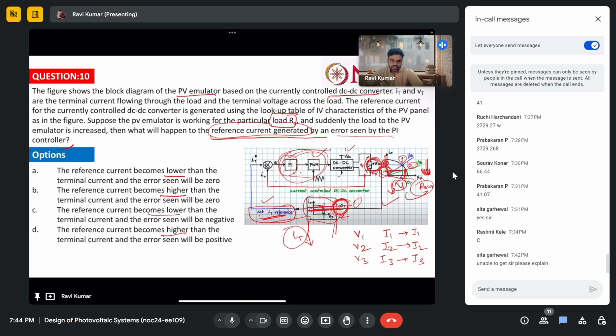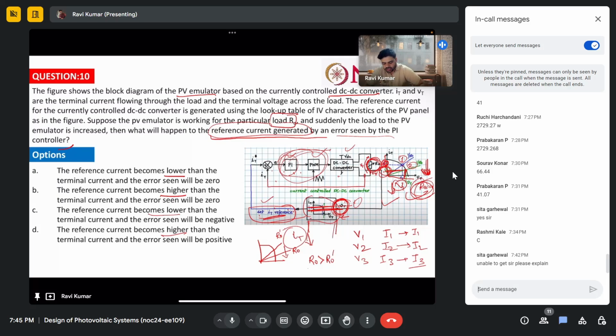The question is just asking one thing: if R naught is increasing, this is the IV characteristics, this is the load diagram. Let's say R naught dash, and this is R naught. So from this we know R naught is greater than R naught dash, because in this way if R naught increases, this load line goes down.